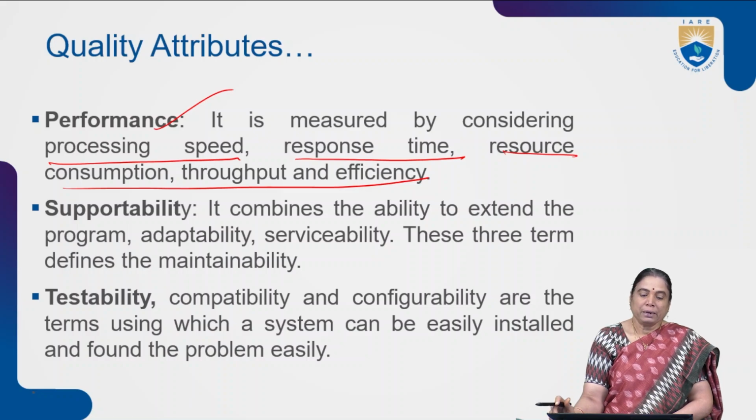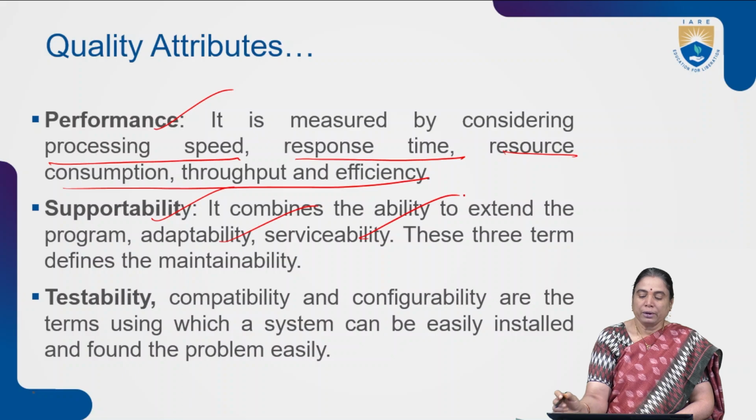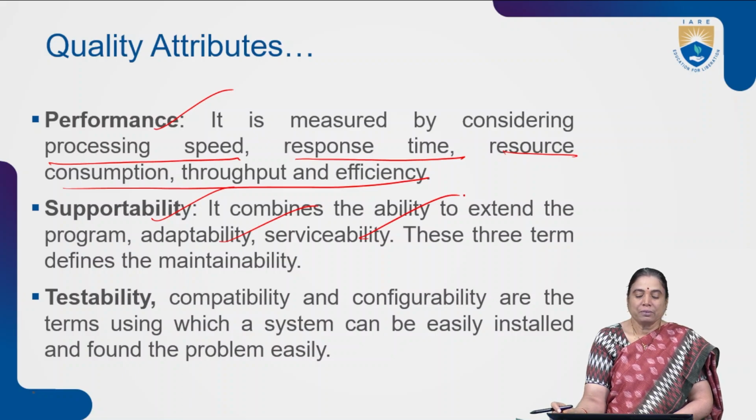The next parameter is the supportability. It combines the ability to extend the program, adaptability, serviceability. These three terms define the maintainability. So the maintainability and re-engineering concepts are majorly focused in the supportability, which in turn can imply the testability.